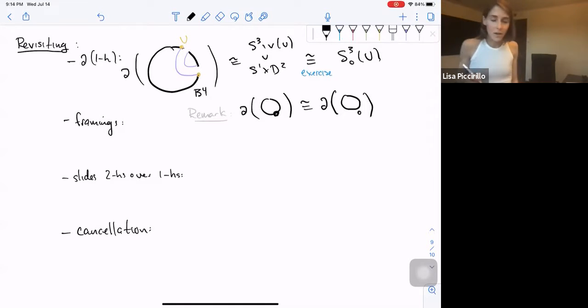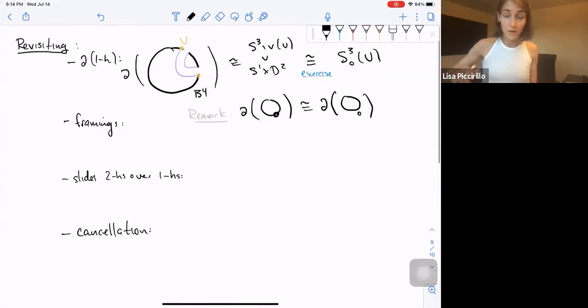So the boundary can't tell whether you added a 1 handle in this new way of thinking, where you remove a boundary parallel disk, versus whether you attached a 2 handle. And that should probably look like a cute little coincidence for now. But this is actually a fact that I'm going to leverage again and again later in this course.